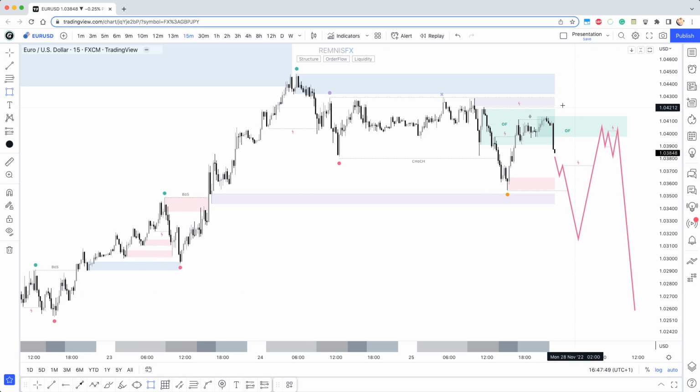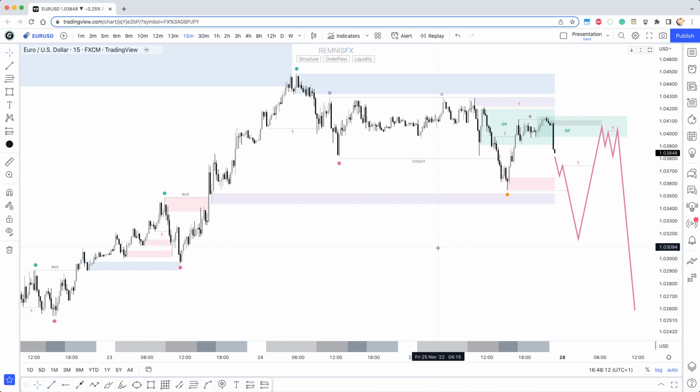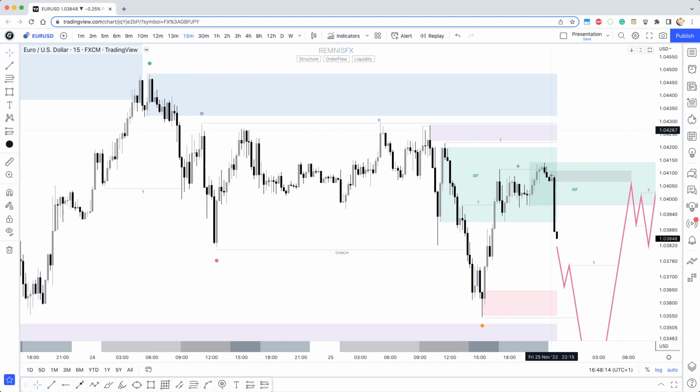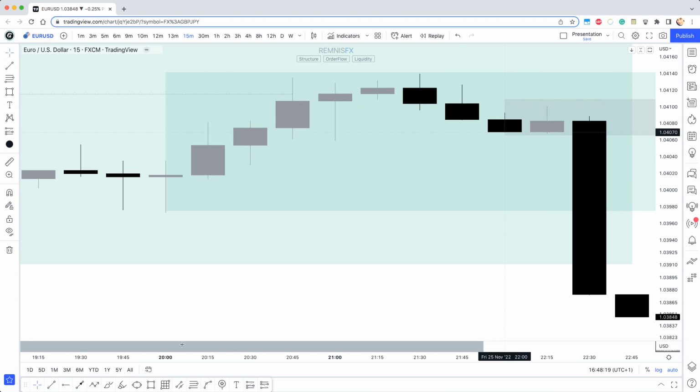And even if you look here, I don't think that will be crazy insane accuracy, but just because after all we're busy already, right? Let me point out this candle here with a different color, like gray perhaps. Look, this one candle here already took out the liquidity of the previous candle, right?